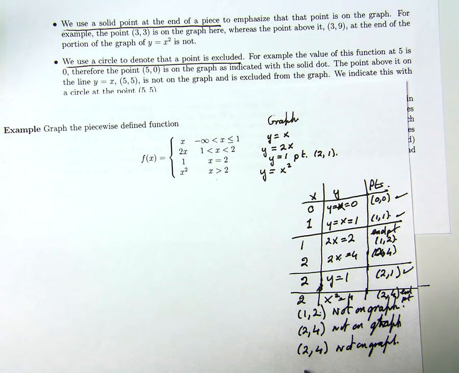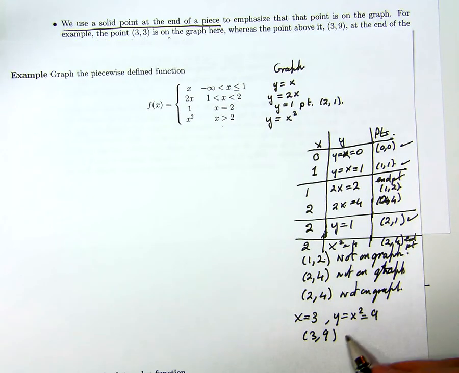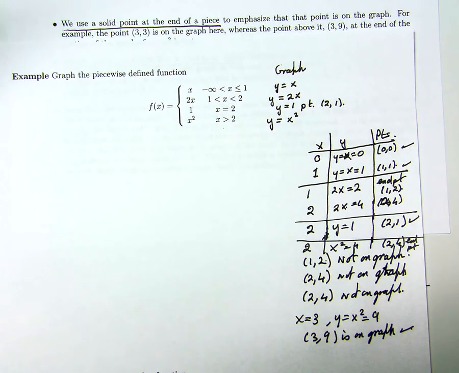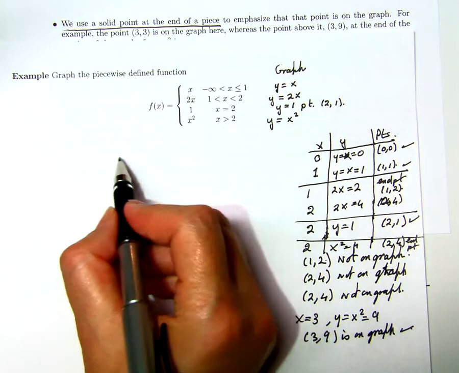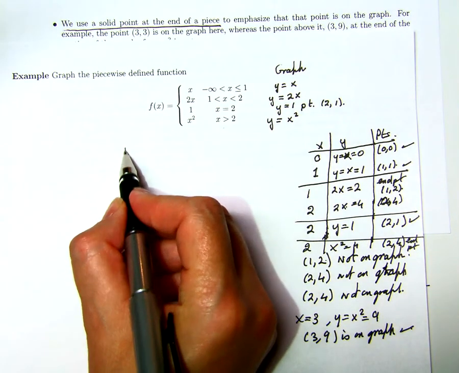And if x is 3, y equals x squared, which equals 9, so the point 3, 9 is on the graph. So I have a bunch of points which are on the graph and a bunch of points which are not, but they should help me draw the graph of this function.